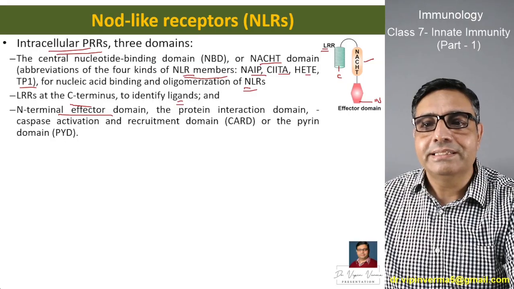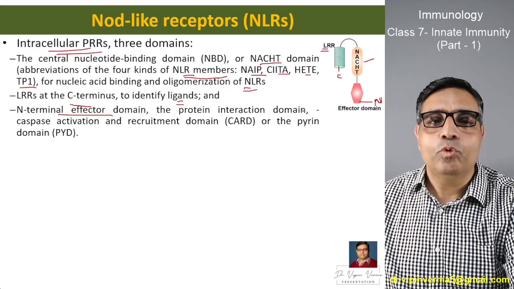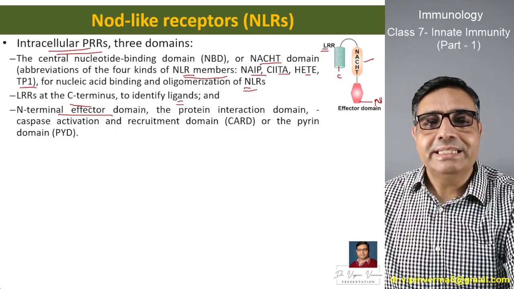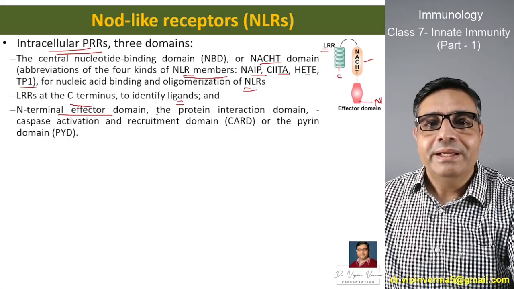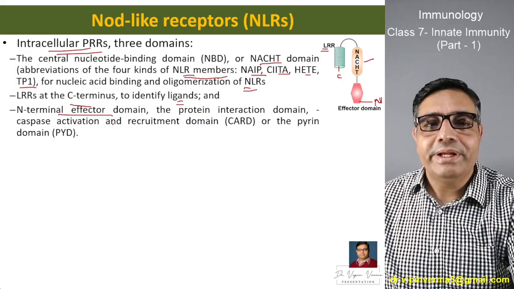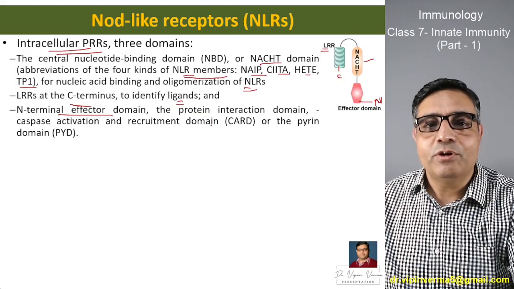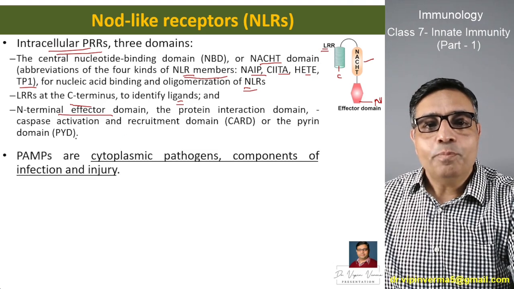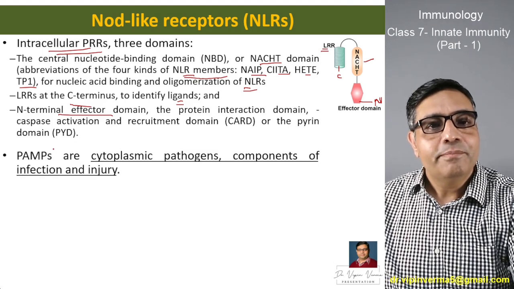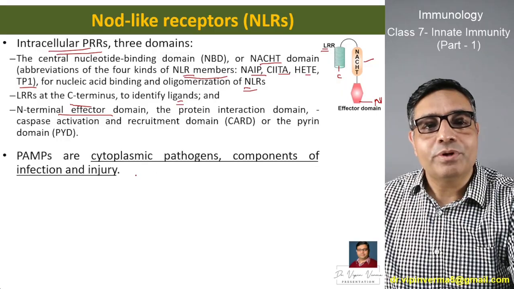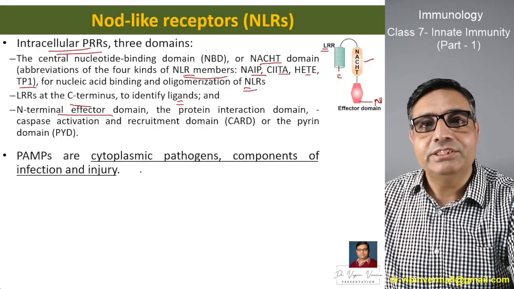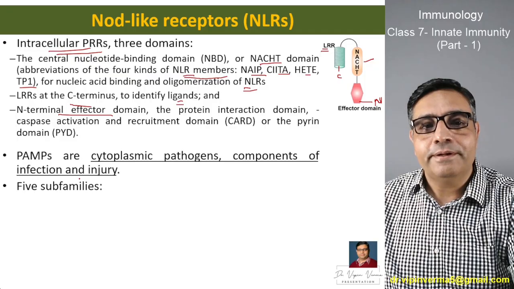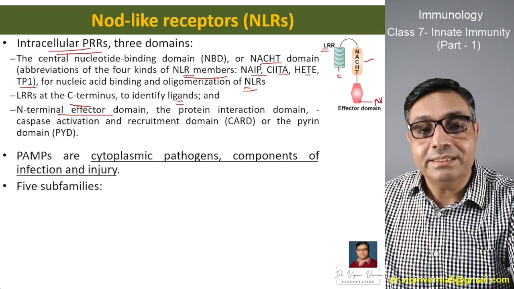This N-terminal effector domain is a protein interaction domain, with caspase activation and recruitment domains, CARD, or the pyrin domain, PYD. PAMs are cytoplasmic pathogen components of infection and injury, as we just discussed.